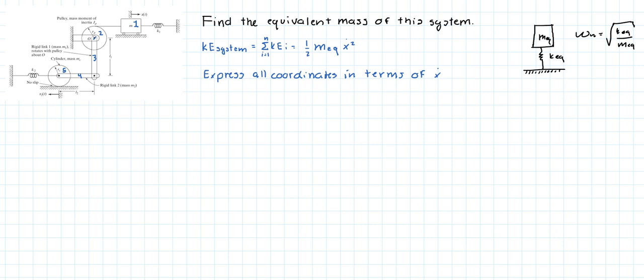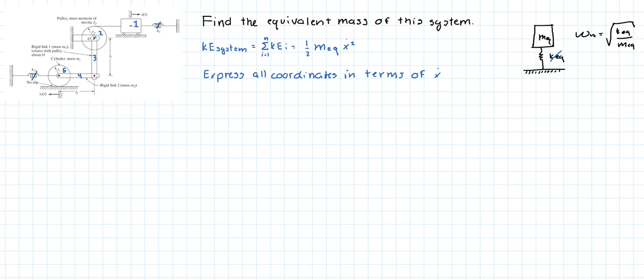It's a cylinder, not a pulley, so we're going to have to find a way to calculate its moment of inertia. Here we neglect the stiffnesses because I did another video that shows you how to calculate the equivalent stiffness. So here we're just going to focus on the equivalent mass.